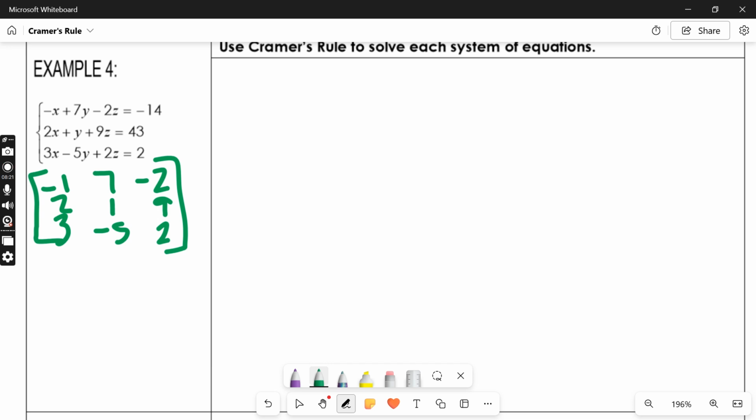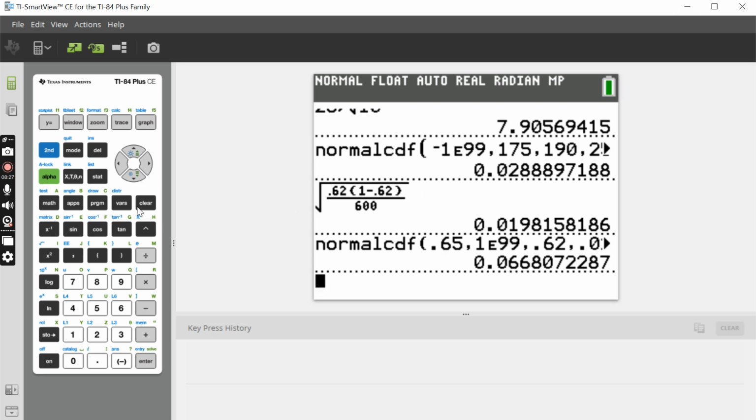Okay, so I'm going to start by finding my determinant for that. I am going to remind you how to do this in your calculator, just in case you forgot.